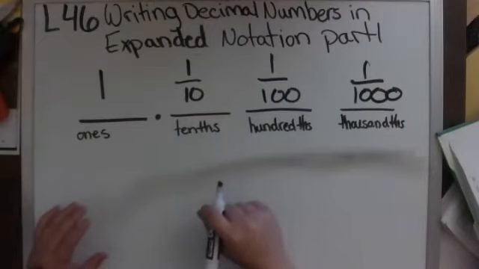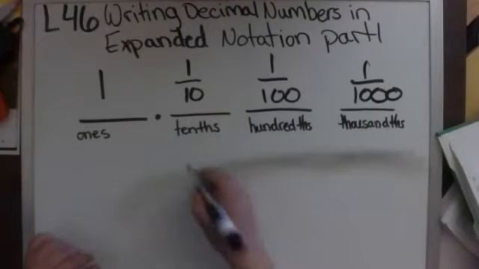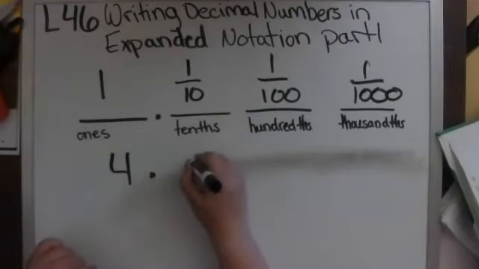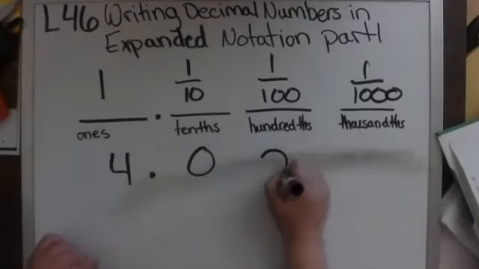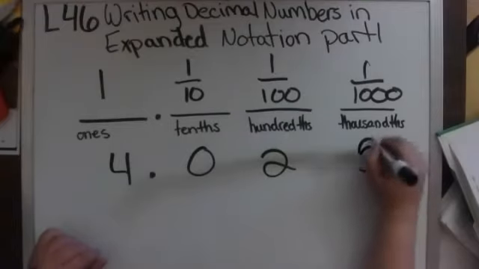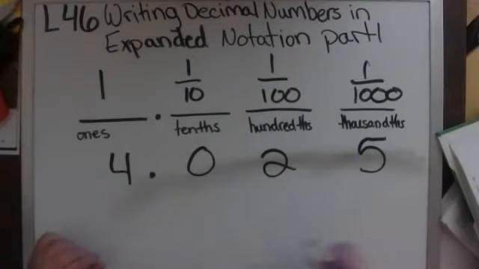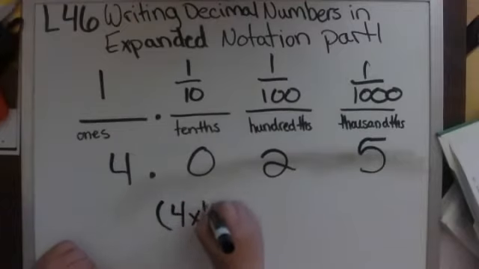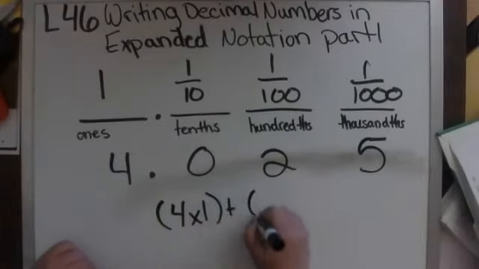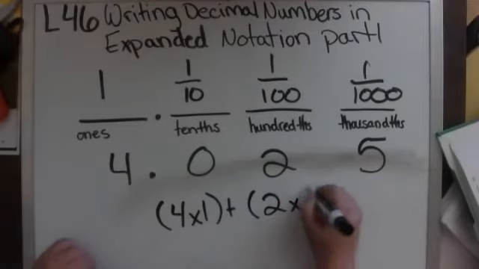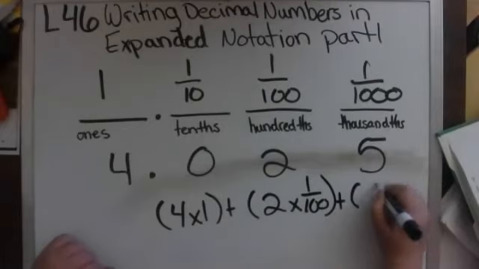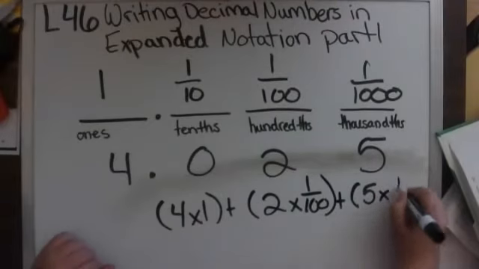So, for example, if we had the number 4 and 25 thousandths, you would write it parentheses 4 times 1 parentheses plus 2 times 100th plus 5 times 1,000th.